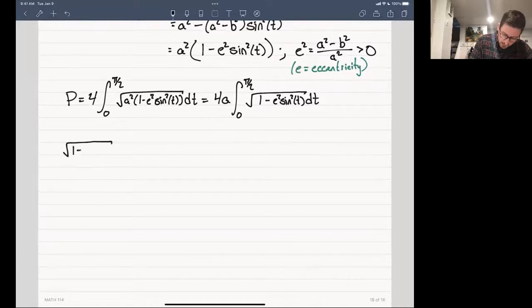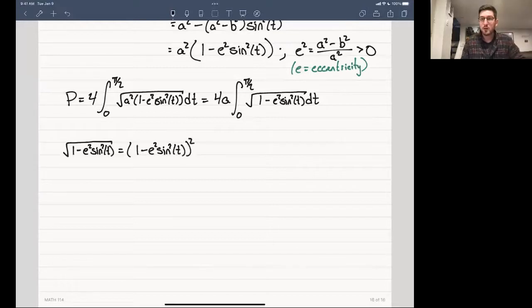So we can say this thing. Well, of course, this is e squared sine squared of t, and we have (1 minus x) to the 1/2, pardon me. And then composed with e squared sine squared, right? So we're going to use a composition of a Taylor series from the binomial expansion here.